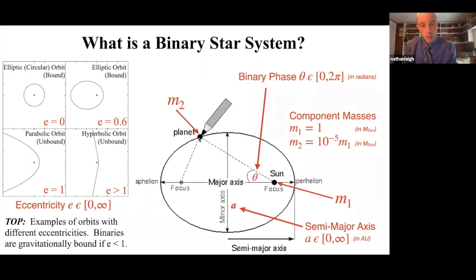magnitude smaller in mass. We can also look at the semi-major axis, which tells us roughly how far apart the orbiting bodies are. The eccentricity tells you how elliptic the orbit is. More elliptic orbits have higher eccentricities. And the binary phase tells you where in the orbits the objects are and ranges from 0 to 360 degrees.